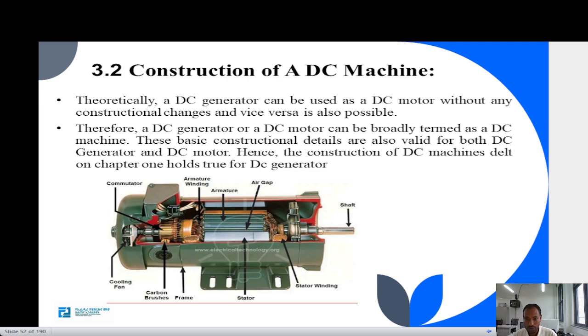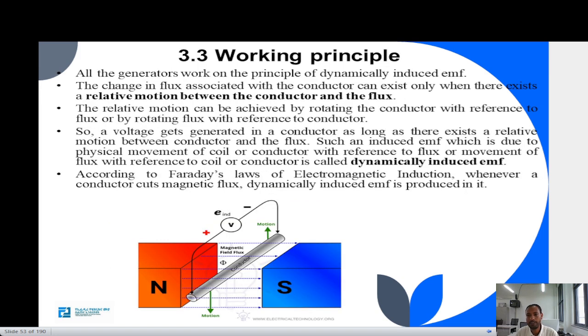So these basic constructional details are valid for both DC generator and DC motor. The constructional aspects of DC machines which we discussed before hold for DC generator, so nothing new here.